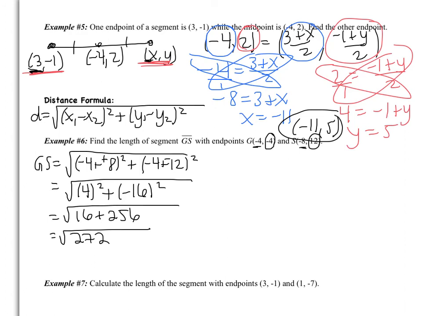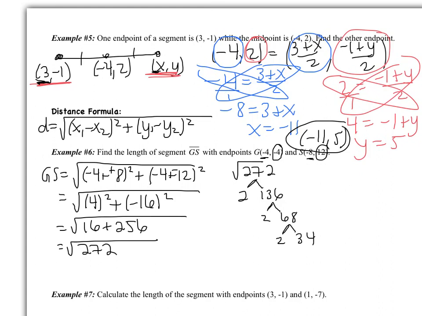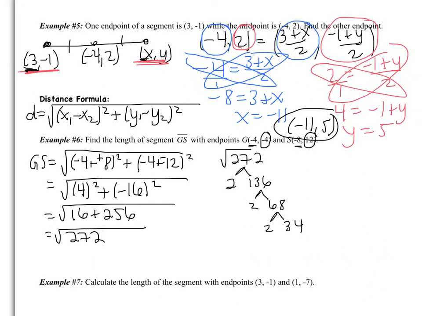Now I need to break this down. I taught you a few different ways in class. I'm going to do the tree. So 272 is 2 and 136, which is 2 and 68, which is 2 and 34. Now the 34 can be broken down to be 2 and 17. 17 is prime, we can't break that down anymore.